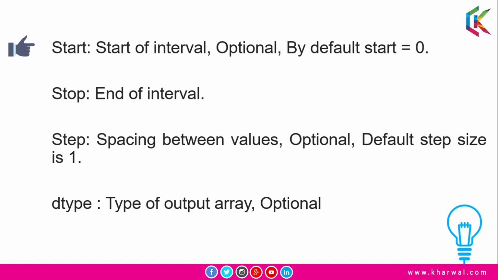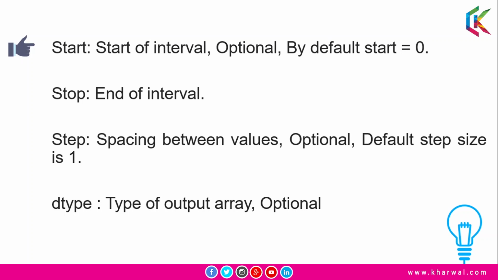Now moving on to the next parameter, and that is step. The step is the number that defines the spacing between each two consecutive values in the array, and the default step size is 1. It is also an optional parameter. Now moving on to the last parameter of this function, and that is dtype.